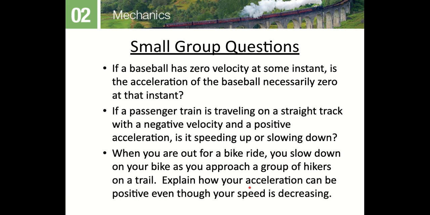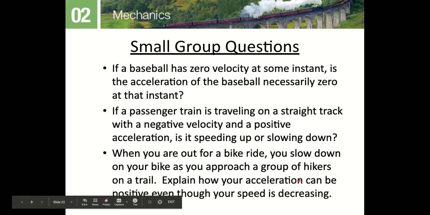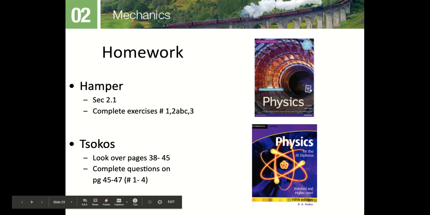I want my brakes to engage. I want to slow my positive velocity down. So to do that, I can have an increasing negative acceleration in order to slow my bike down. Okay, so negative doesn't always mean bad. It can also be a positive thing for us.